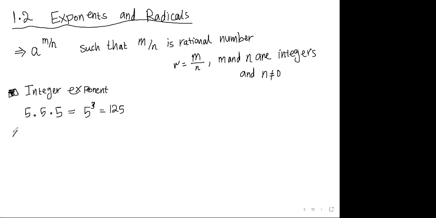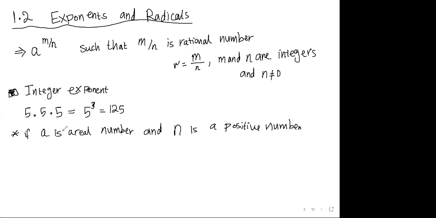So in general, what's the general formula? If a is a real number and n is a positive integer, then the nth power of a is a to the n.